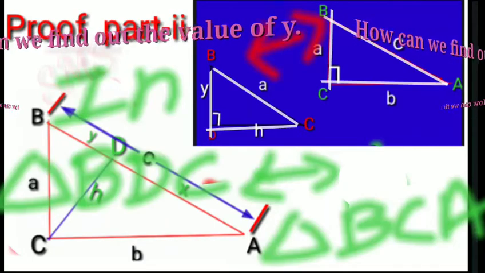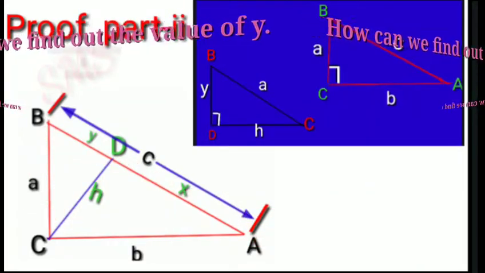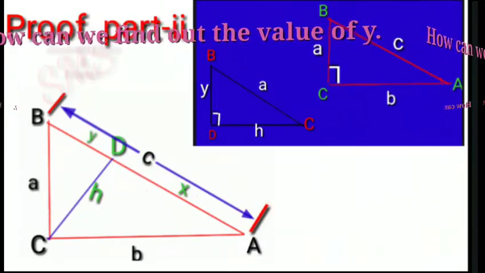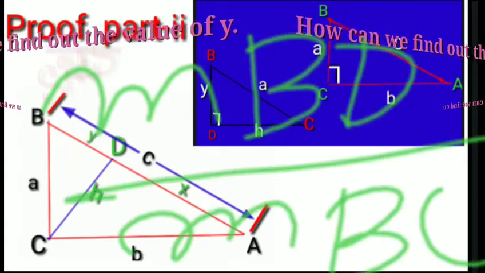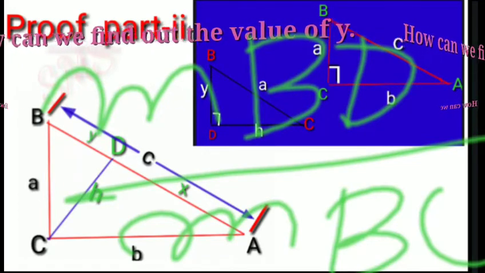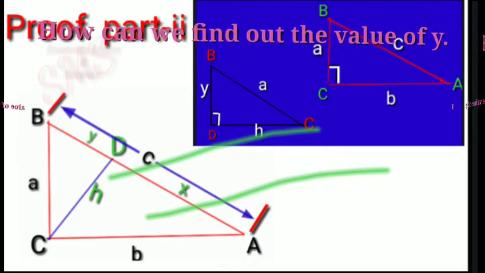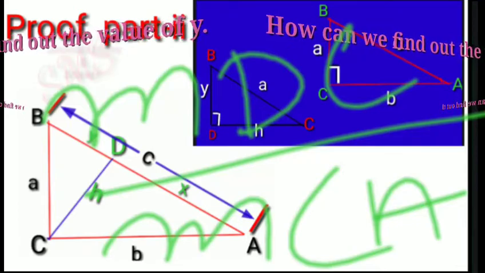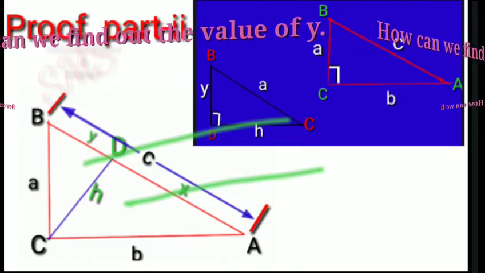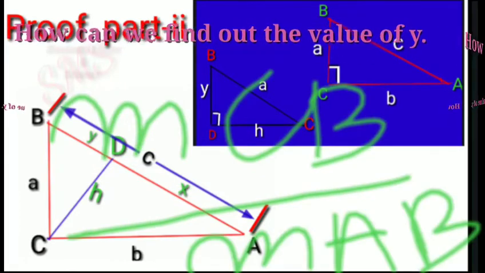In correspondence of two triangles, triangle BDC and triangle BCA, the two triangles are similar if angle B is congruent to angle B, angle BDC is congruent to angle BCA, angle C is congruent to angle A, and their corresponding sides are proportional, meaning BD over BC is equal to DC over CA is equal to CB over AB.